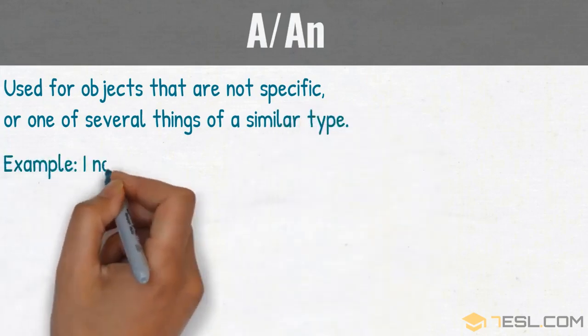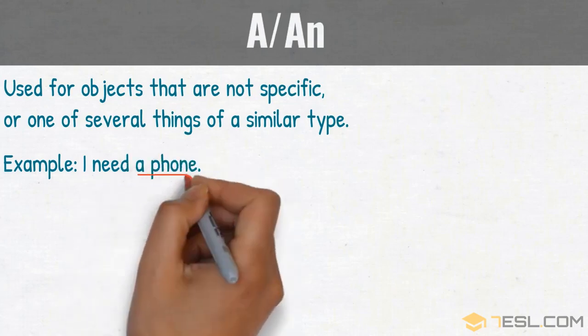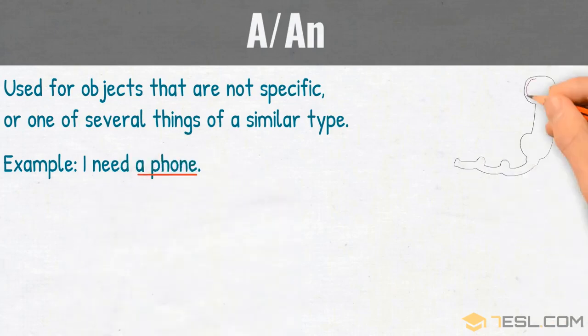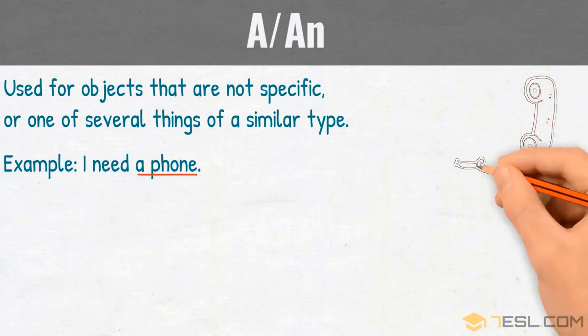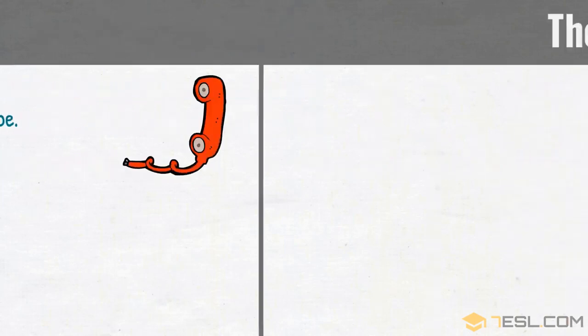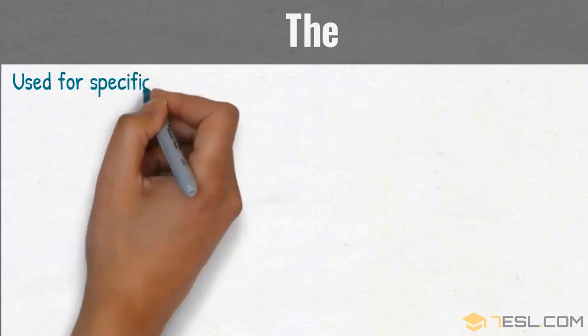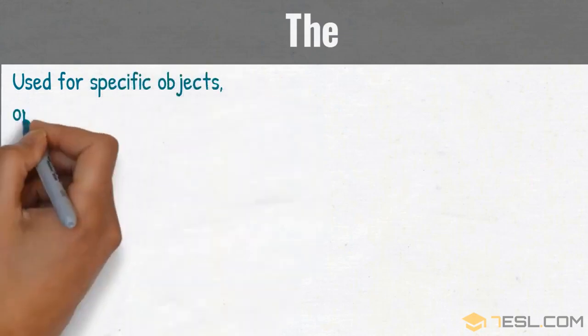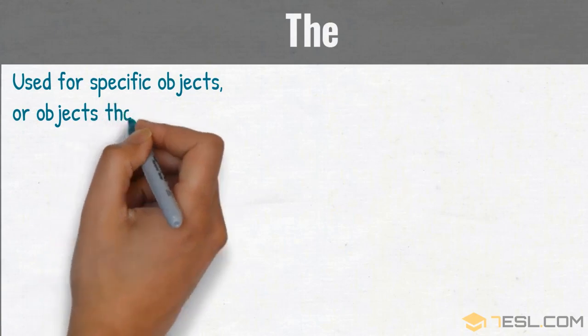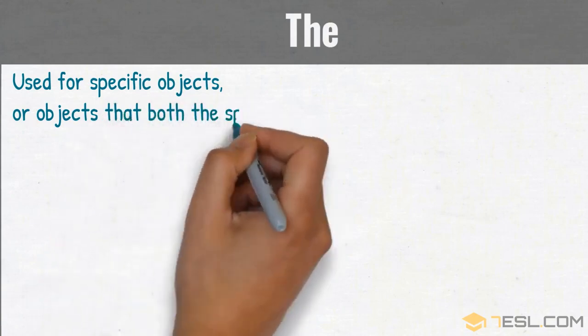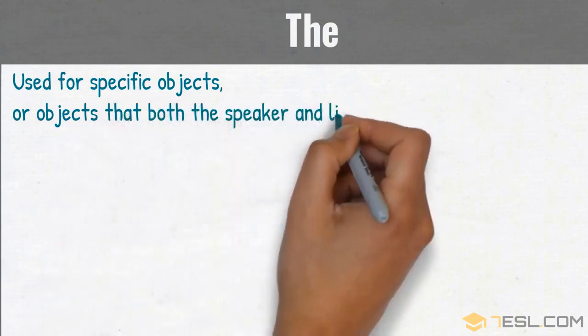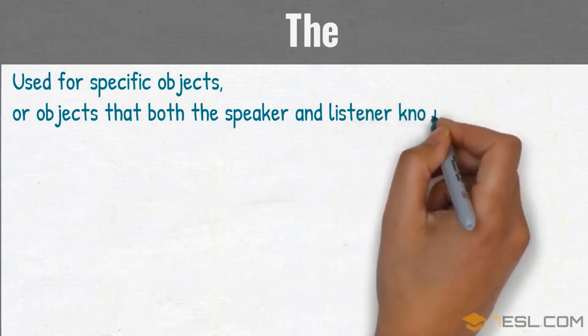Example: I need a phone. The is used for specific objects or objects that both the speaker and listener know.